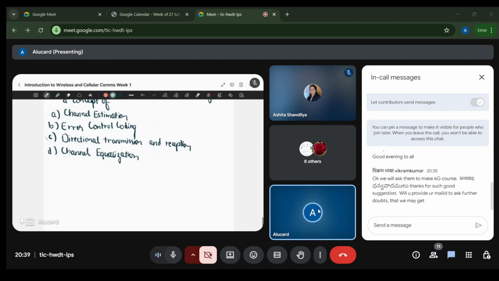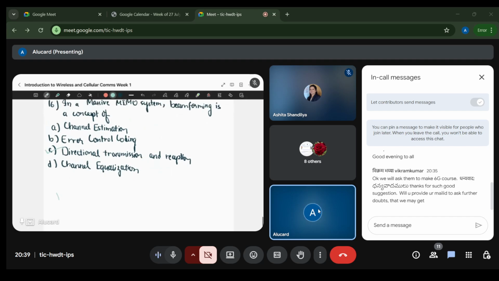And beamforming is part of directional transmission and reception. So if you have a single antenna like this, you might have seen pictures of an antenna. When you radiate, you'll be radiating in a lot of different directions. It will be spread out, which means a lot of power is just wasted.